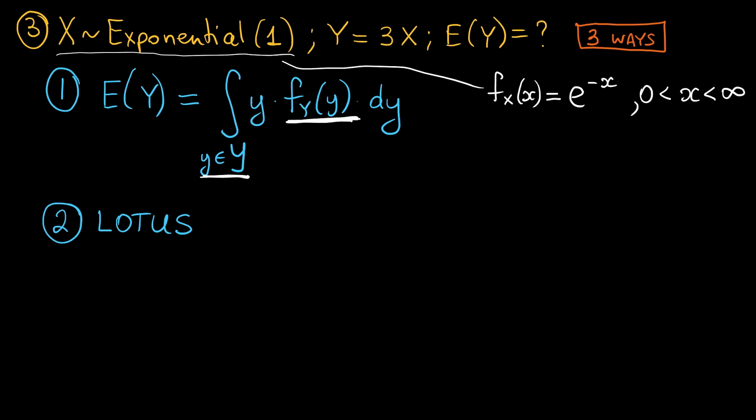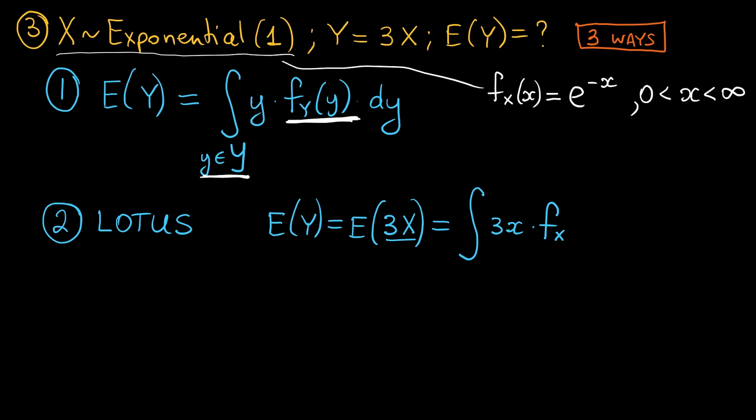So LOTUS says that the expected value of y, which we'll write as a function of x, expected value of 3x, is just the integral of this function of interest, 3x, times now the PDF of x. That's the key.